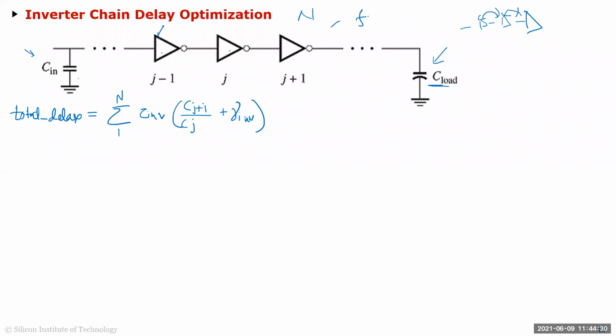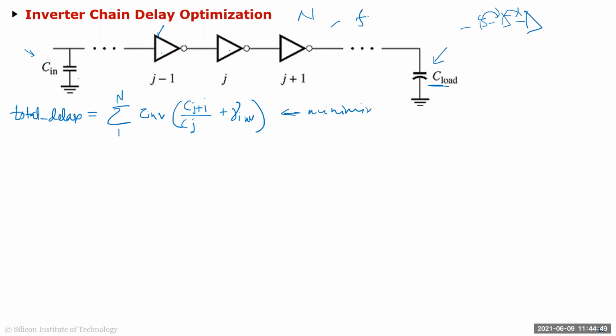So for a given J, this is going to be whatever, 20 by 10 or 5 by 2 and so on. So they are scaling. This is how we write it, and we want to minimize this delay.